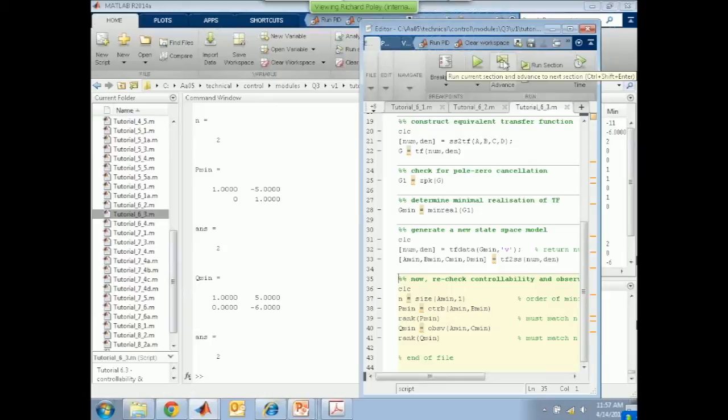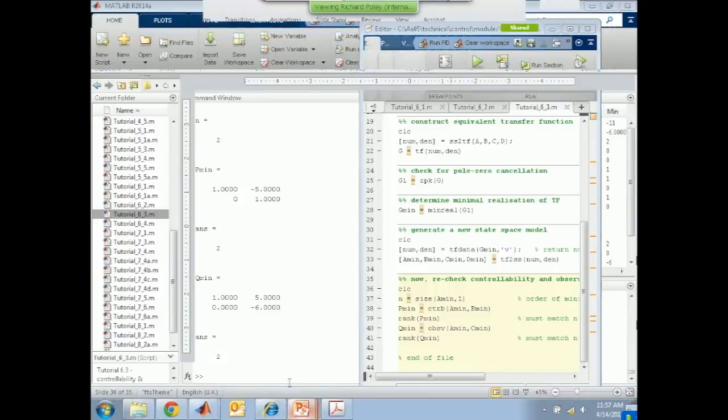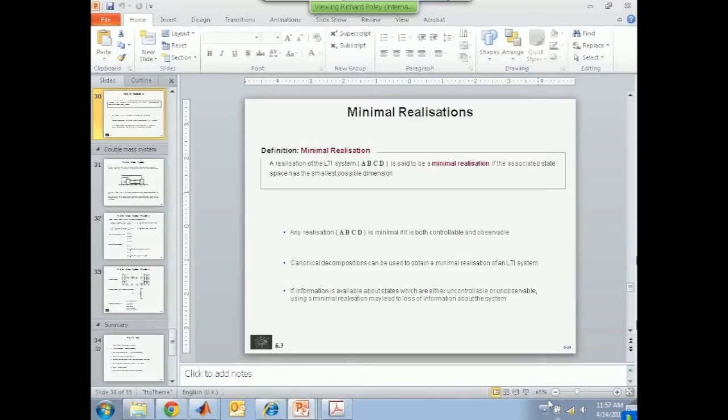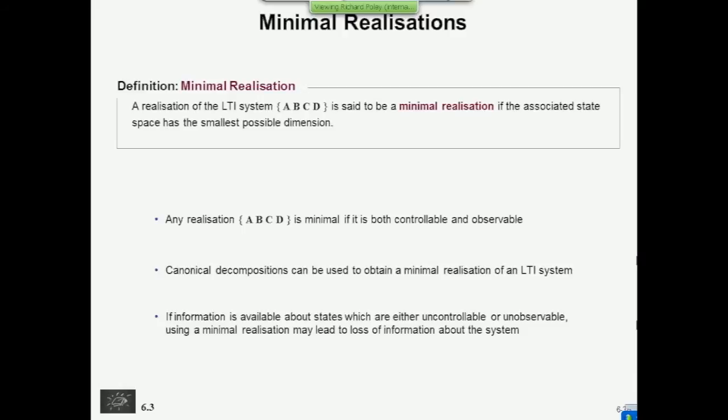That's the controllability matrix, so we're still good. And now the observability matrix is 2 by 2 and it has rank 2. So now we've got observability as well. So you can run into problems. Those problems tend to be the loss of controllability or observability. And therefore, I'm kind of almost there with this session, and then we're going to stop for lunch more or less on time.